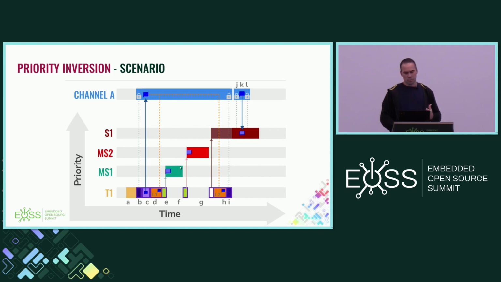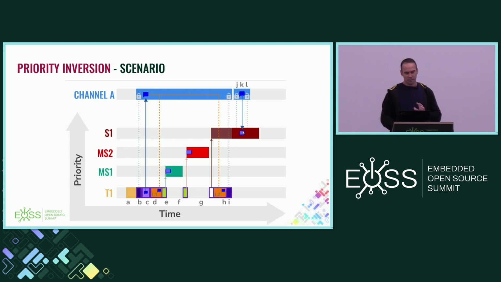And MS1 runs and then T1 gets back to the MCU and sends a copy of the message to MS2, again preempted, and then it will send a notification to S1, run listener 2, and then after that unlock the channel, and so S1 will read the channel and get the message.